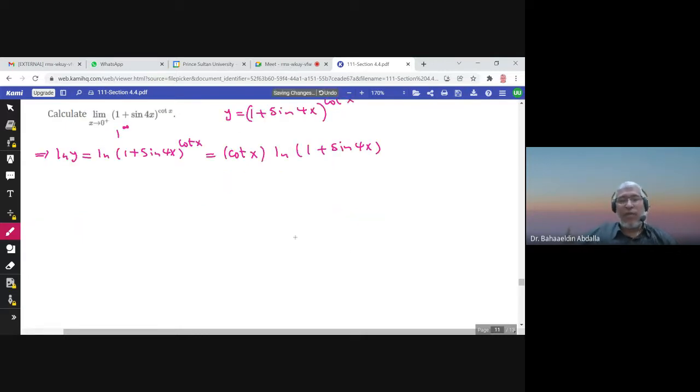Now I find the limit of ln y when x approaches 0 from the right.